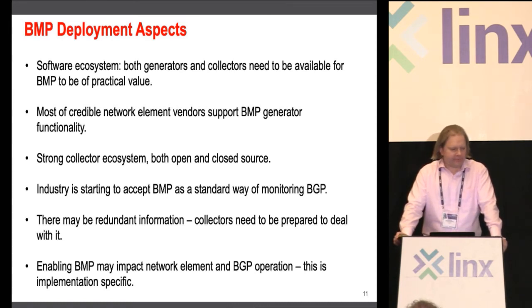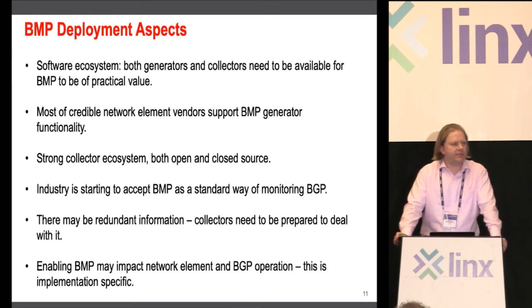From a perspective of usability, one thing that you need to be aware of if you start looking into deployment of BMP is that this mechanism may provide you redundant information. That means you may receive certain events multiple times, the same equivalent events multiple times. There's a multitude of reasons for that, many of them related to implementation aspects or implementation efficiency, because the router itself needs to do its job to calculate the topology and not necessarily deal with the pretty formatting of the updates.